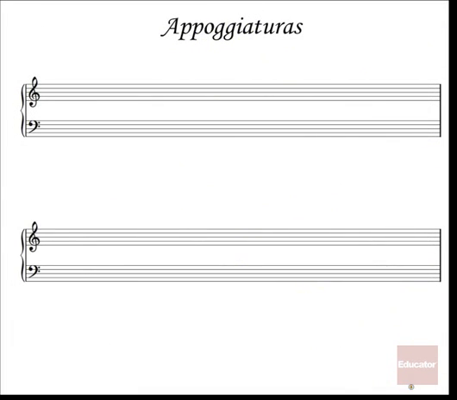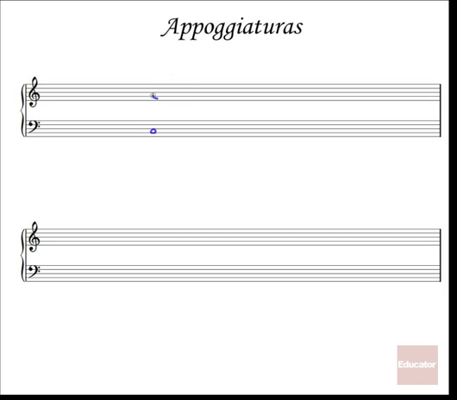Okay, appoggiaturas is the next non-harmonic tone that we're going to discuss. So those occur in contrast to what we saw with the suspension. The appoggiatura would be something that happens without any kind of preparation.